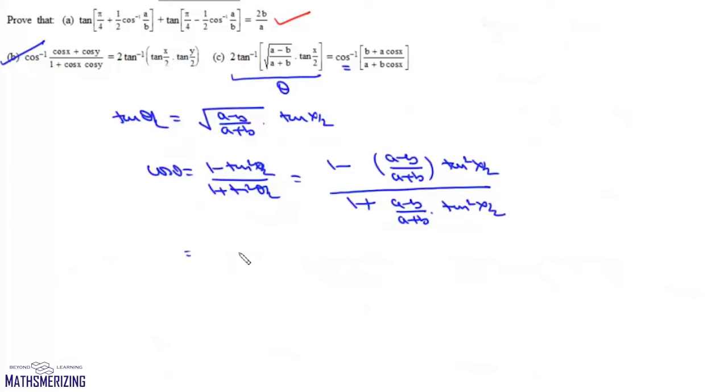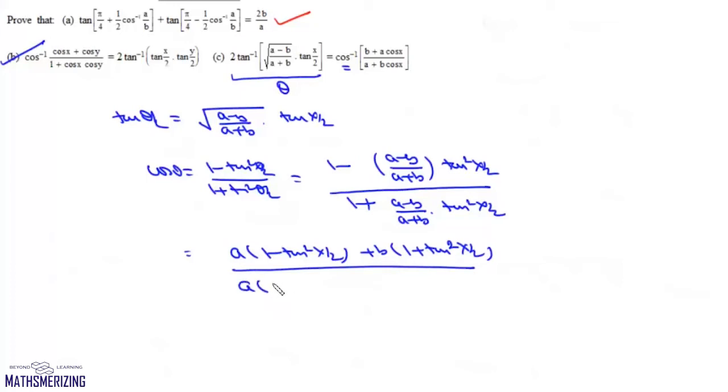Now we'll simplify. We can write this as a into 1 minus tan square x by 2 plus b into 1 plus tan square x by 2, and in the denominator it will be a into 1 plus tan square x by 2 plus b into 1 minus tan square x by 2.